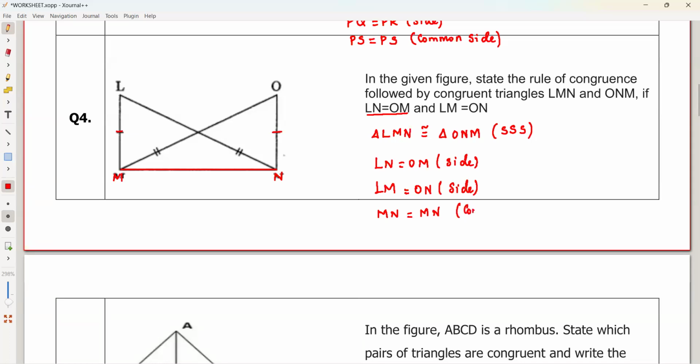So these two we have taken, and one more side is common for both the triangles. So clear? Therefore, this triangle is congruent based on SSS congruency rule.